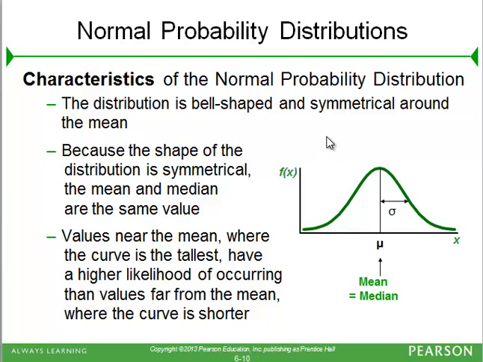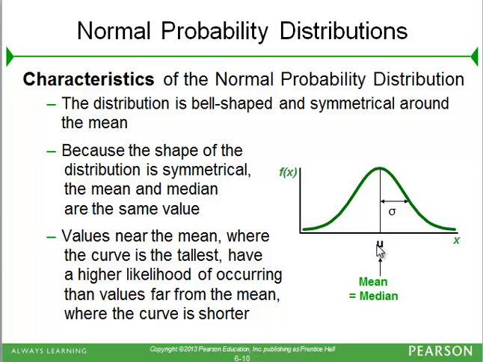What is the normal probability distribution? Let's check the characteristics. This is very important. The distribution is bell-shaped, like this, and symmetrical around the mean in the middle. Because the shape of the distribution is symmetrical, the mean equals the median.